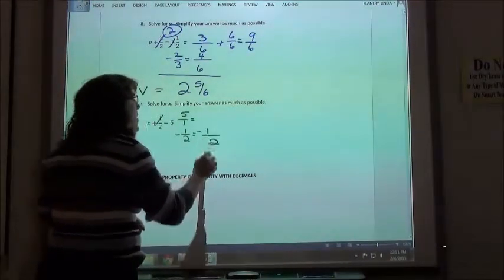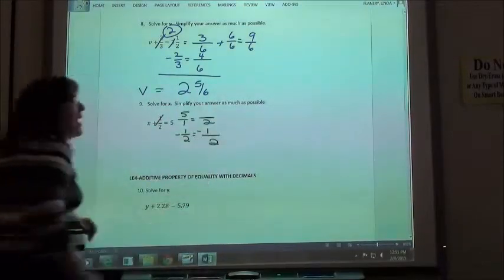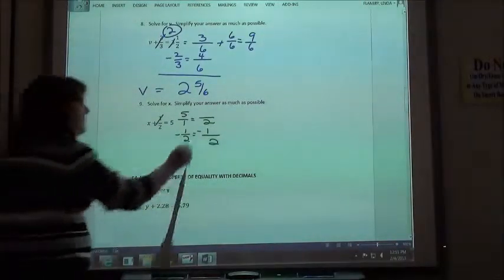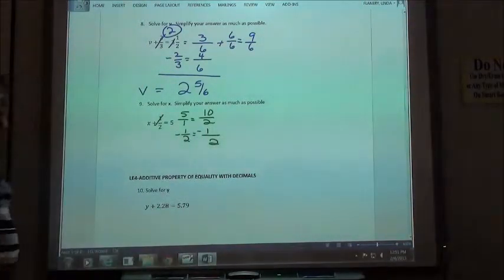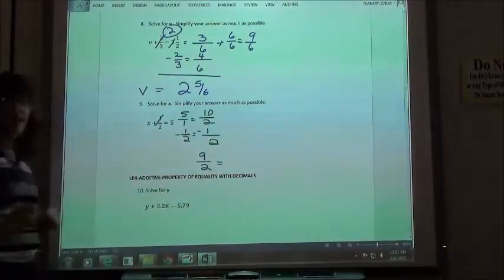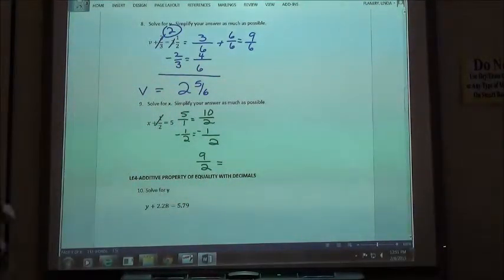This is still going to be minus 1/2, and this would be how many halves? 10. Right? 5 over 1 is equal to 10 over 2. 10 minus 1 is 9 halves, which as a mixed number would be 4 1/2.